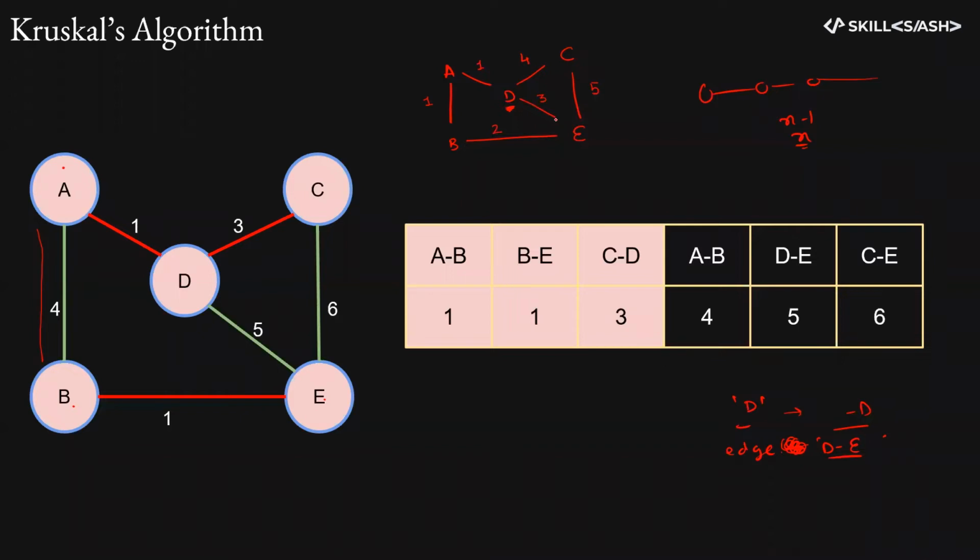So if we start from D and come back to the same node, after adding this edge into the minimum spanning tree, D's parent is A, A's parent is B, B's parent is E, E's parent is D, because so far the minimum spanning tree was this. Now if I add this edge, D will have the same parent as it is.